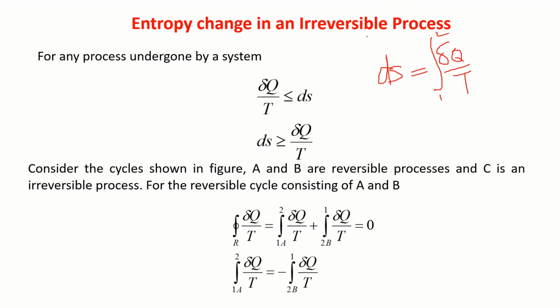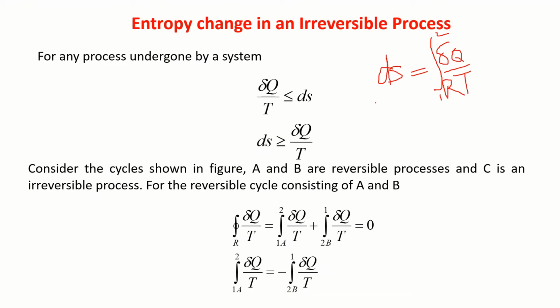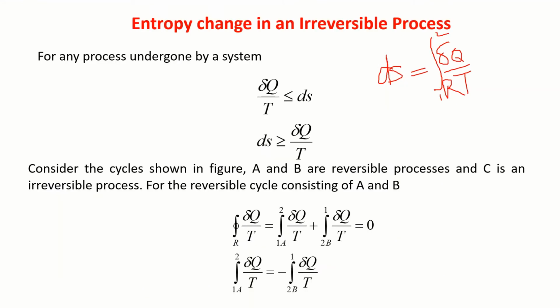This must be a reversible process. Now, next thing is, you see here, less than or equal to 0 for a process.